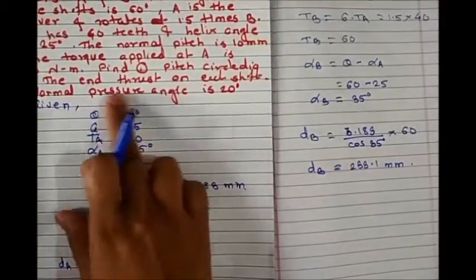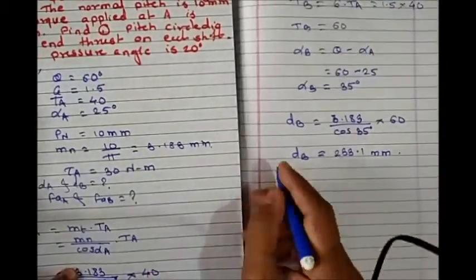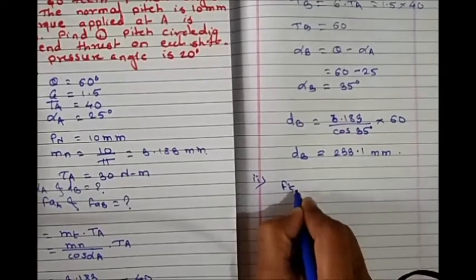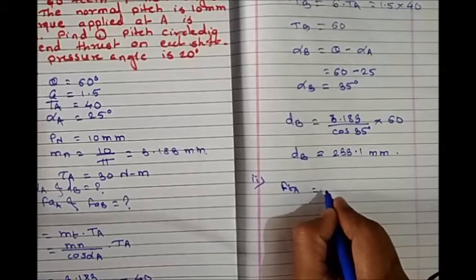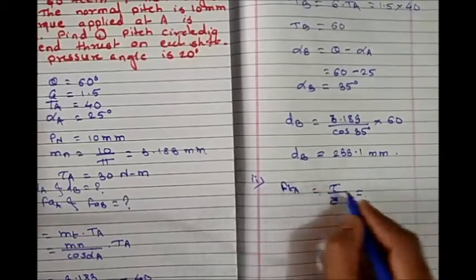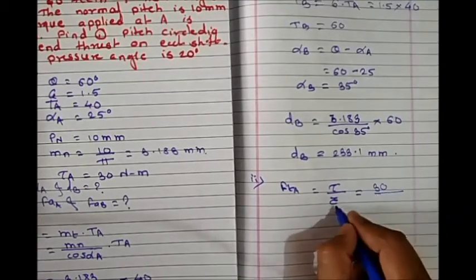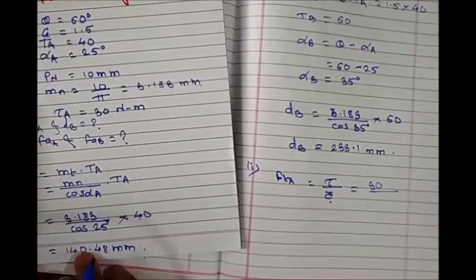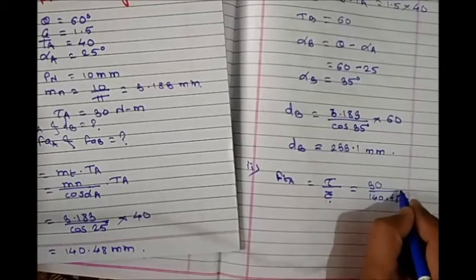Now let's come to the second part, the end thrust on each shaft. To calculate end thrust, firstly we need to calculate FTA, the tangential force on gear A. Tangential force is equal to torque upon radius. Torque is given as 30 and the radius we already calculated, 140.48 divided by 2.